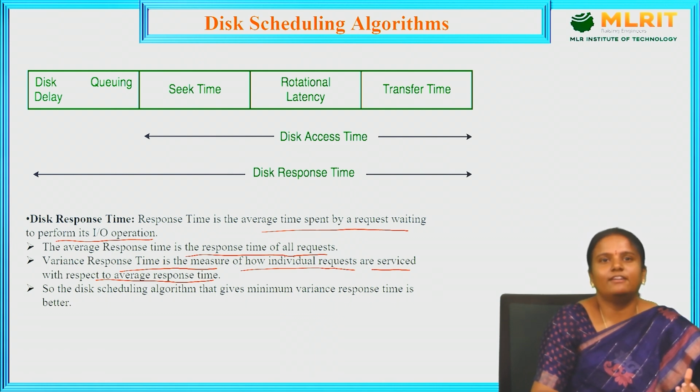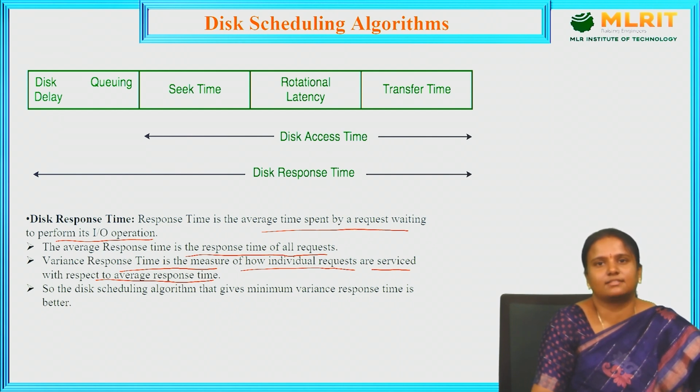Whenever we perform the disk operation, each request is performed individually and serviced with respect to the average response time. So how much time they are in a waiting condition, at what time our disk has responded, we need to calculate based on this average response time.